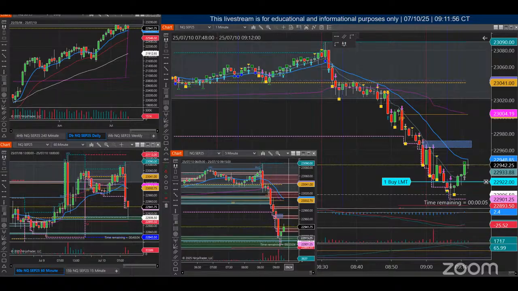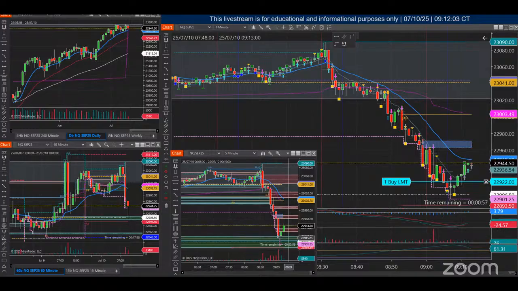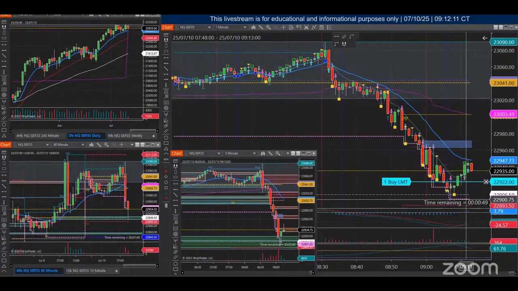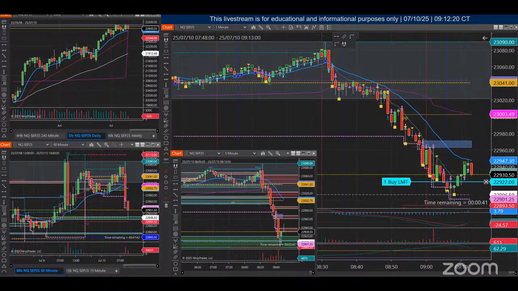And worst case, it can come all the way to 22,915. And of course, it can retest the current daily low anyway. So from that point of view, not sure if this is the ideal location. This will require a little bit more stop.